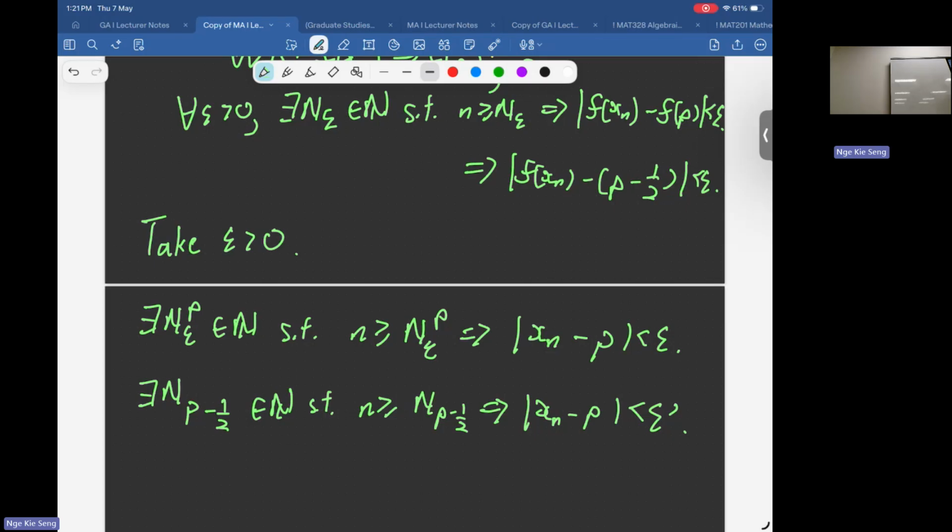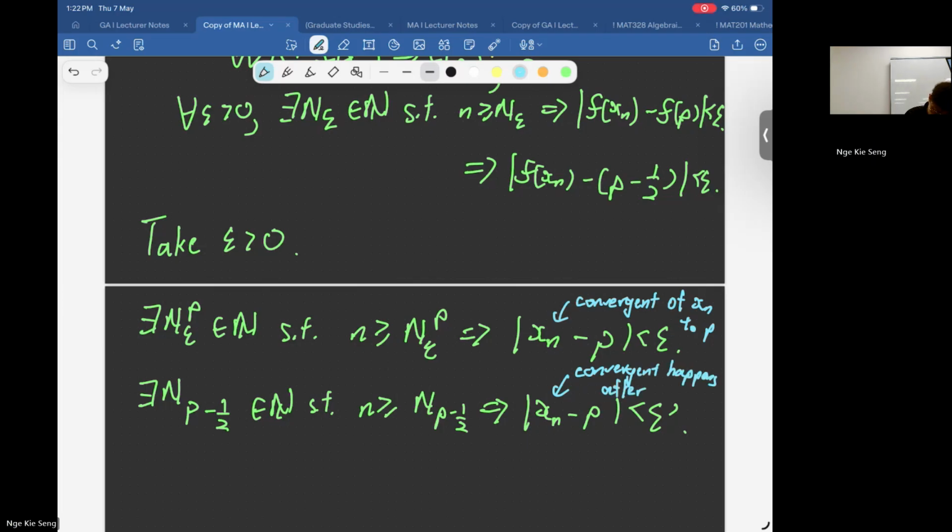Let me write down: here is the convergence of x_n to p, and this one is to make sure the convergence happens after x equals half.